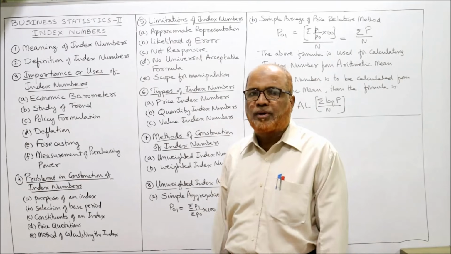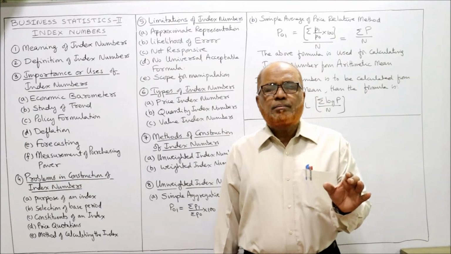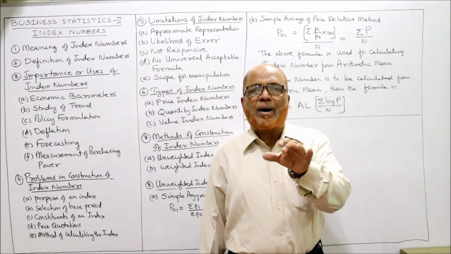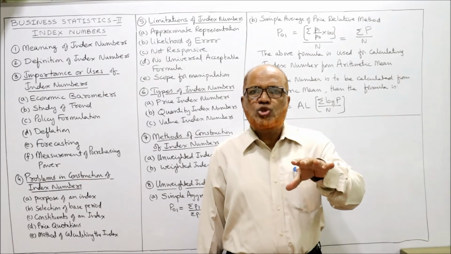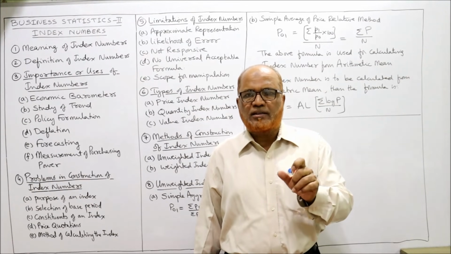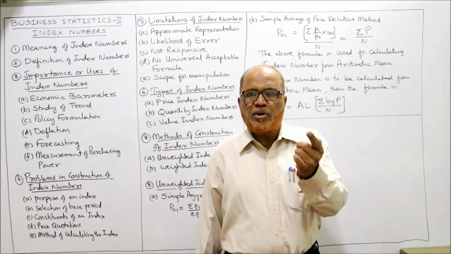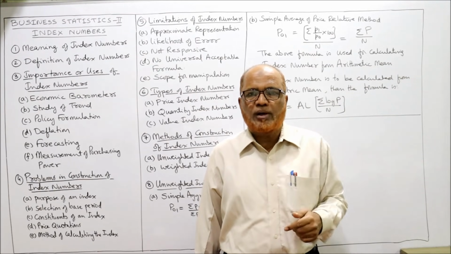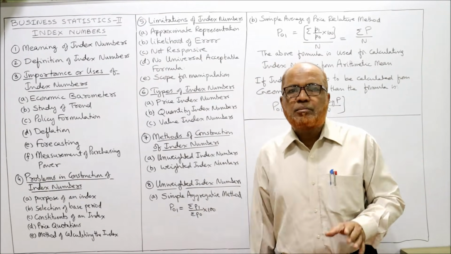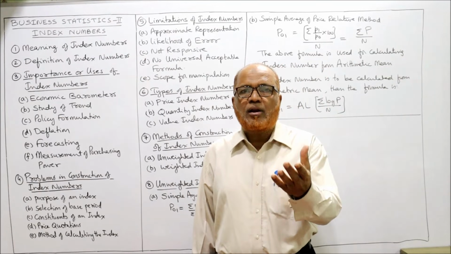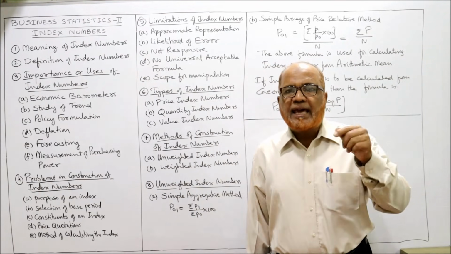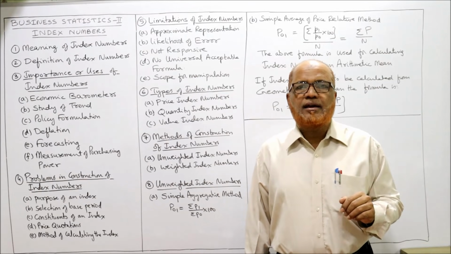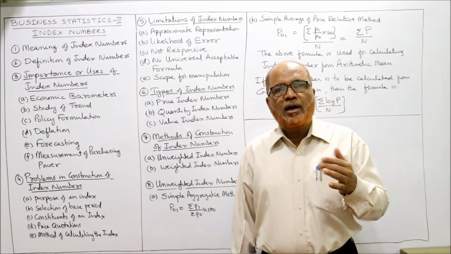First one, economic barometer. Index numbers are treated as a barometer. Actually, a barometer is an instrument which measures atmospheric pressure. Just like a thermometer measures the temperature of the body, similarly, index numbers can be treated as the barometer of the economy. By calculating index numbers, we can say whether the economy is growing or not.